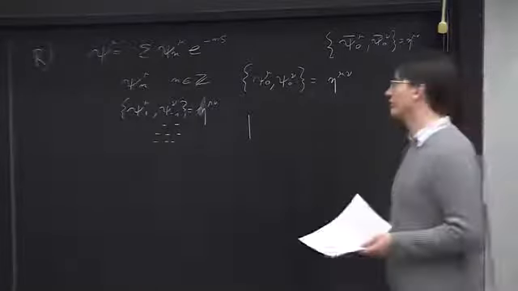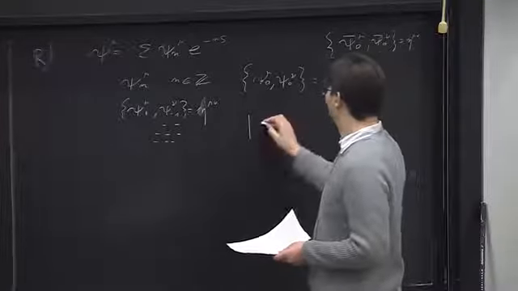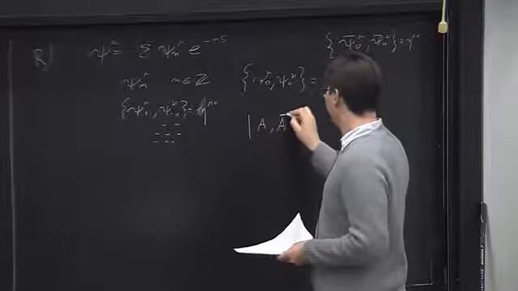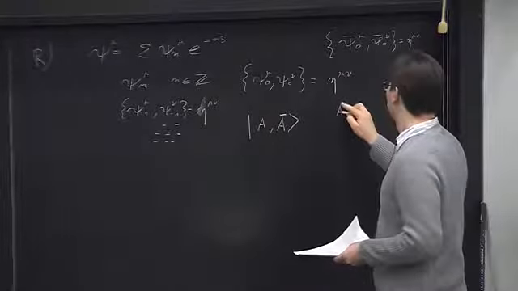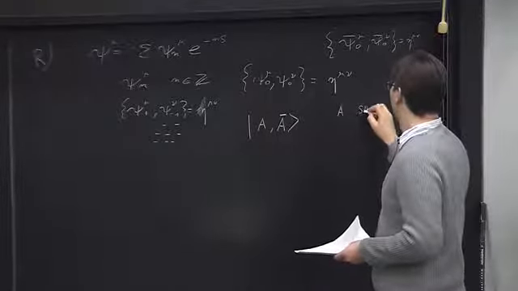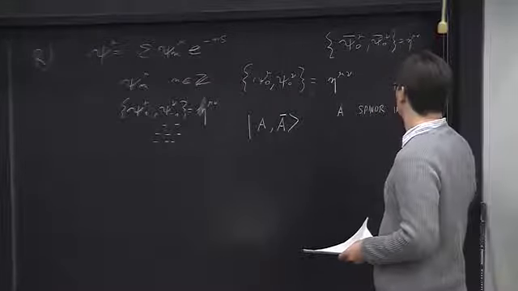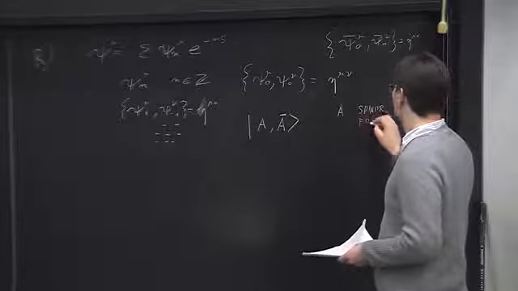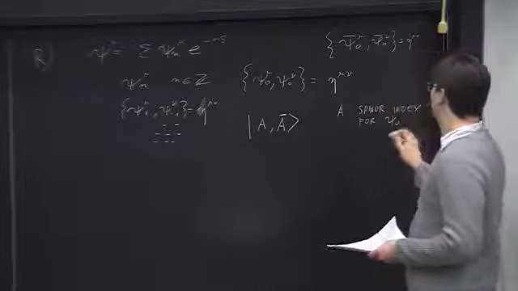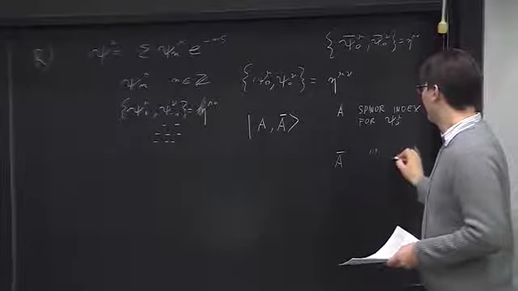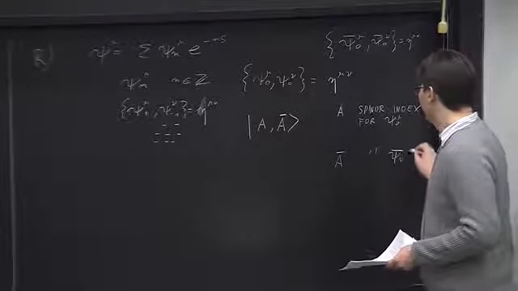Okay? So perhaps for now I can denote them like that, where A is a spinor index acted upon by the psi naughts, and A bar acted upon by the psi naught bar.